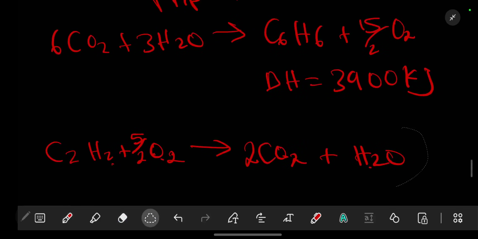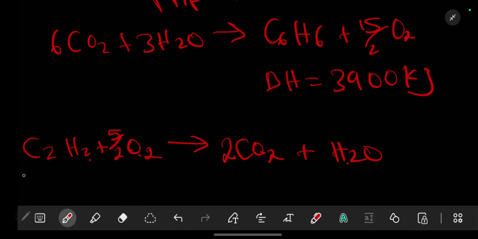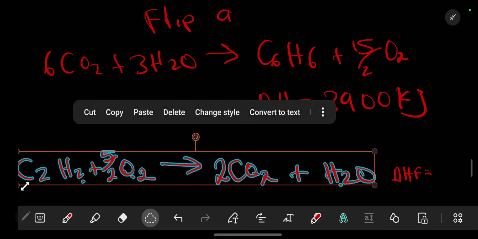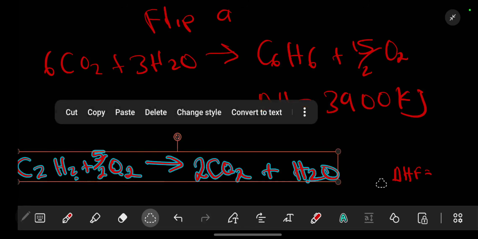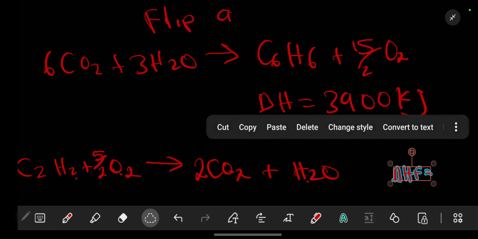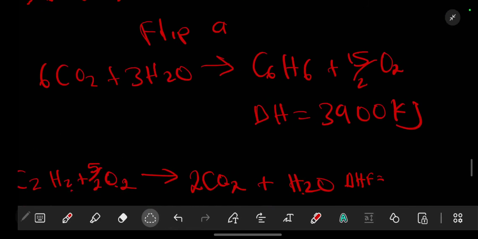So the change in enthalpy, as long as you don't affect the one that is being combusted, will be the exact value they have given you. So the change in enthalpy for this one is equivalent to negative 642.